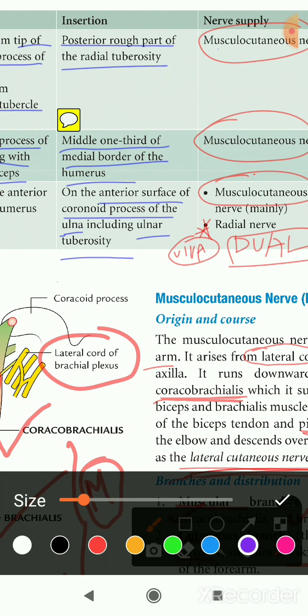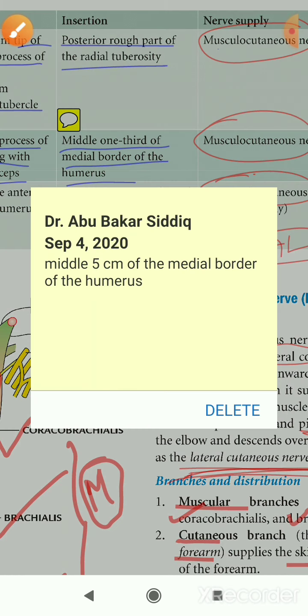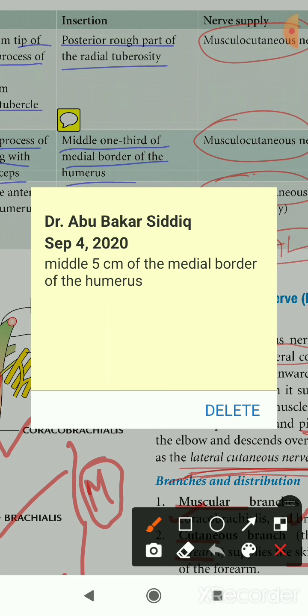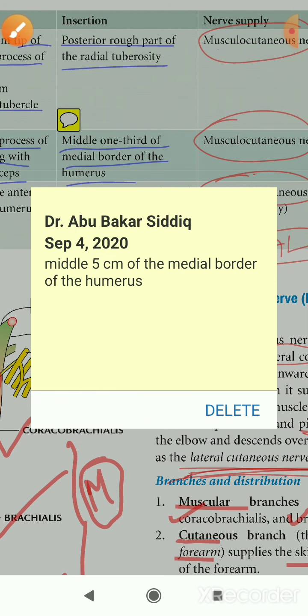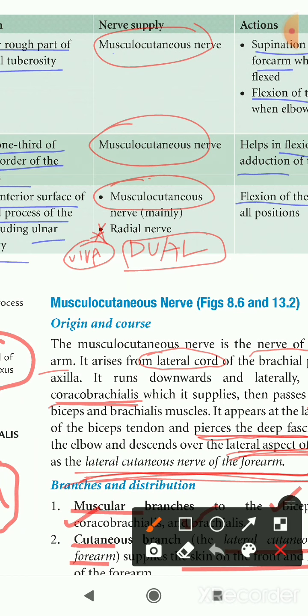It is inserted on the medial 1/3 of the medial border of the humerus. In some books it is written as the medial 5 cm of the medial border of the humerus. So you can say medial 1/3 or medial 5 cm of the medial border of the humerus. The nerve supply is the same, the musculocutaneous nerve.